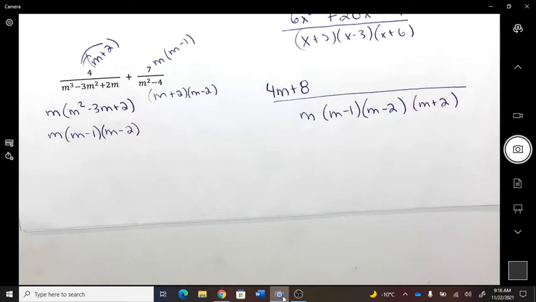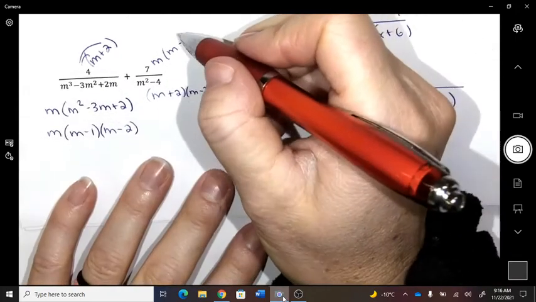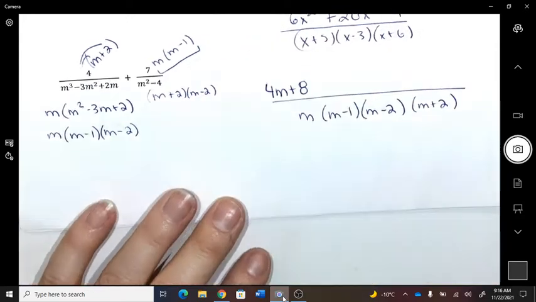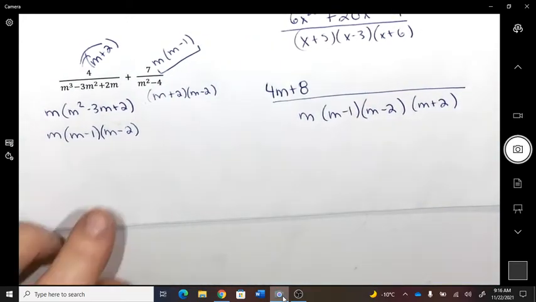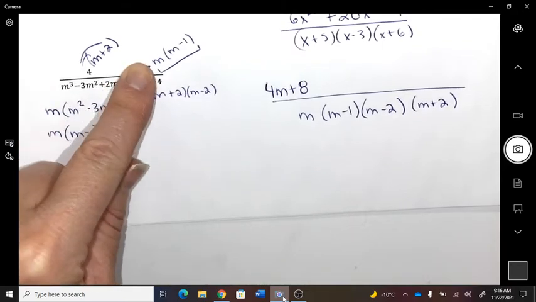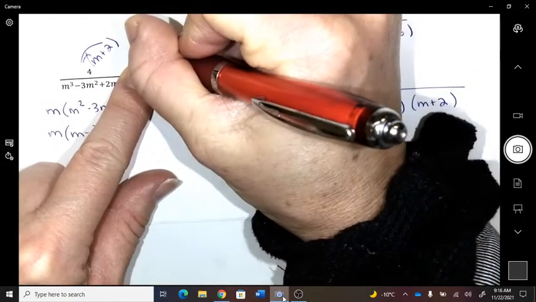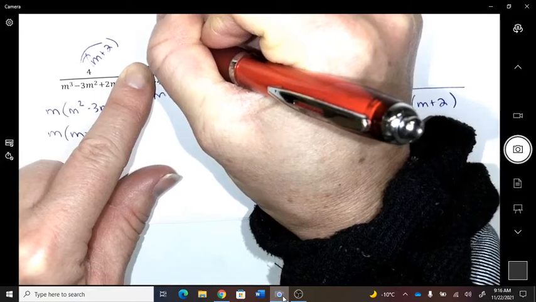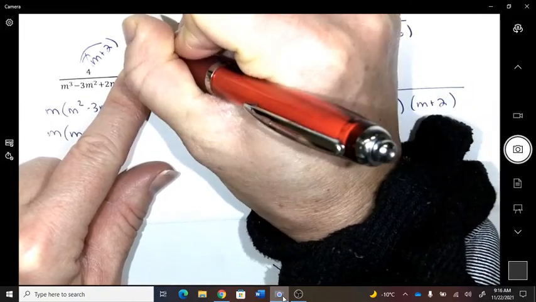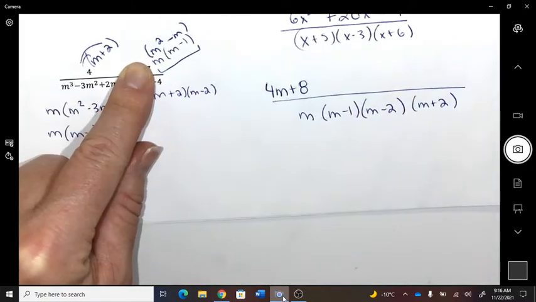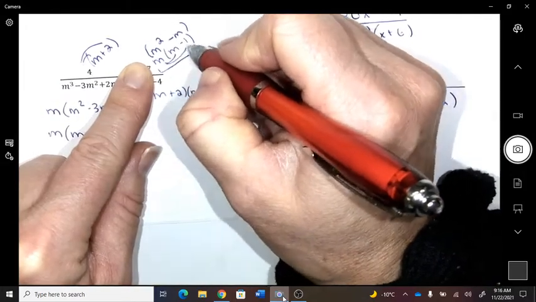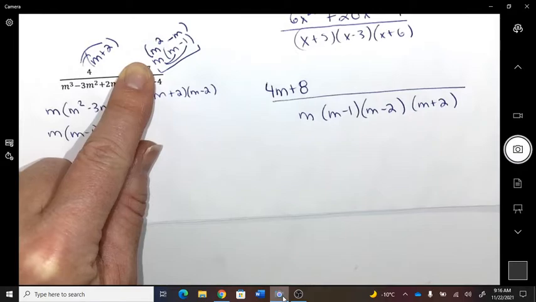And then after the third. So I'm going to multiply those 2 together. So forget the 7 for a second. I'm just multiplying those 2 together, making m squared minus 1m. M squared minus m. Okay?